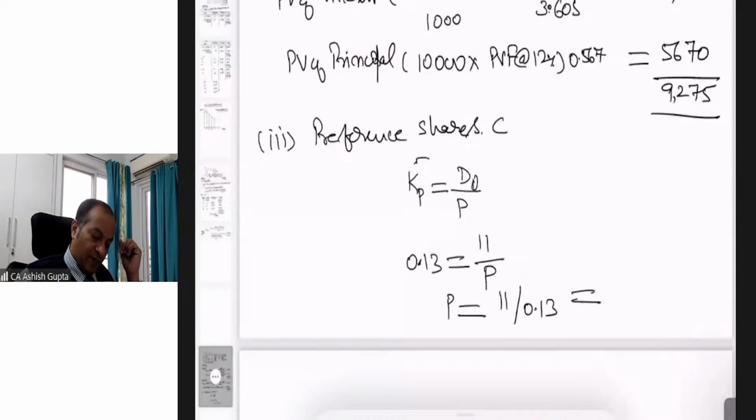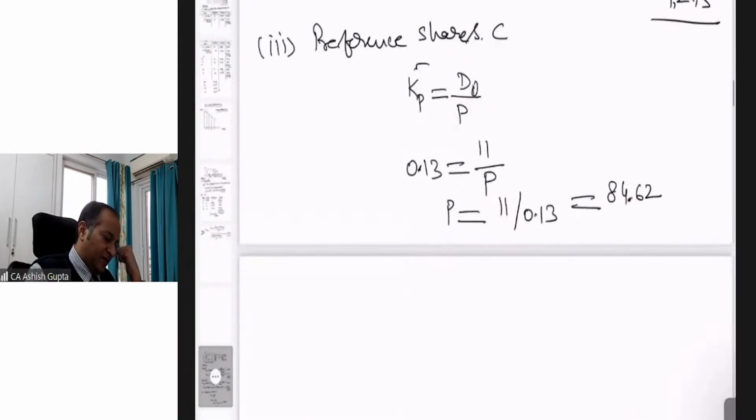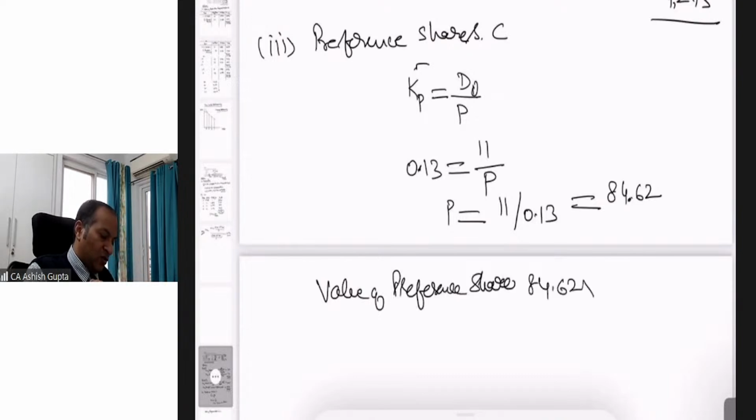This it becomes, okay, since there are 100 shares, it becomes 84.62 into 100.